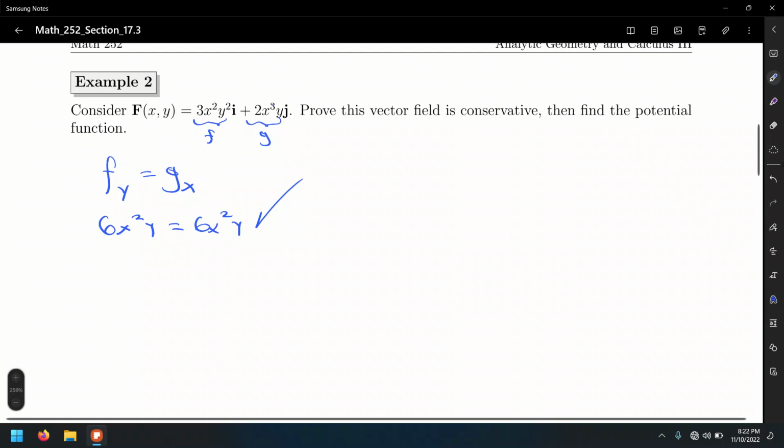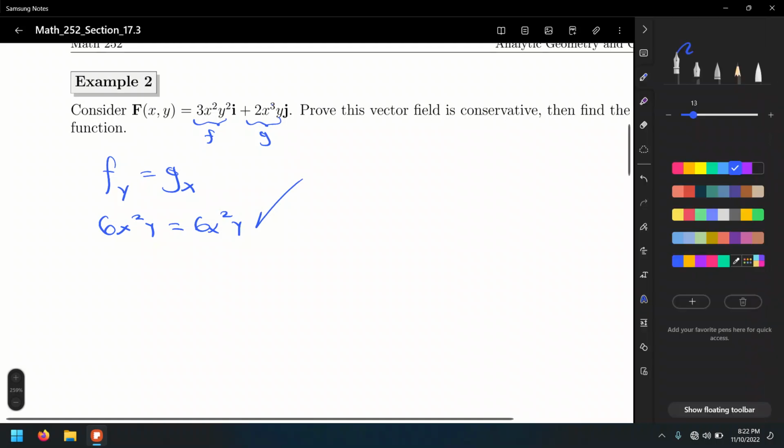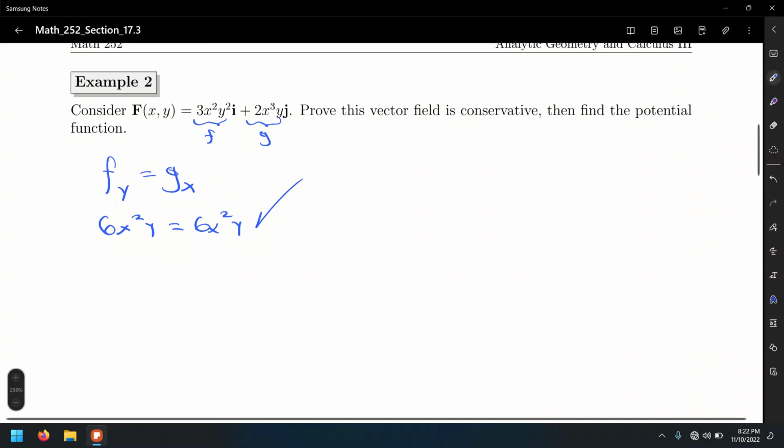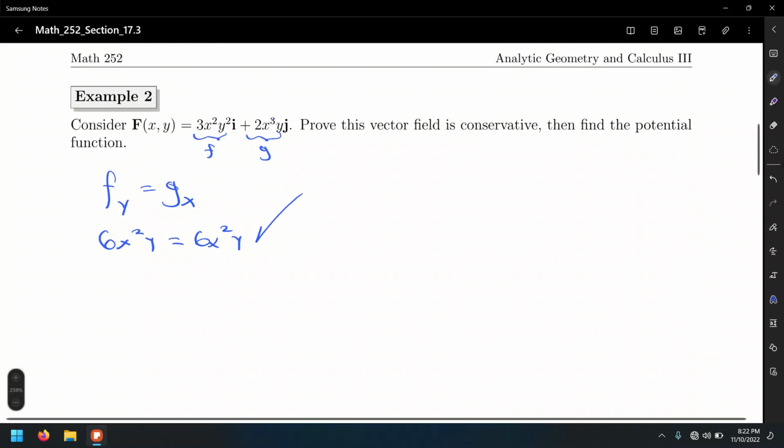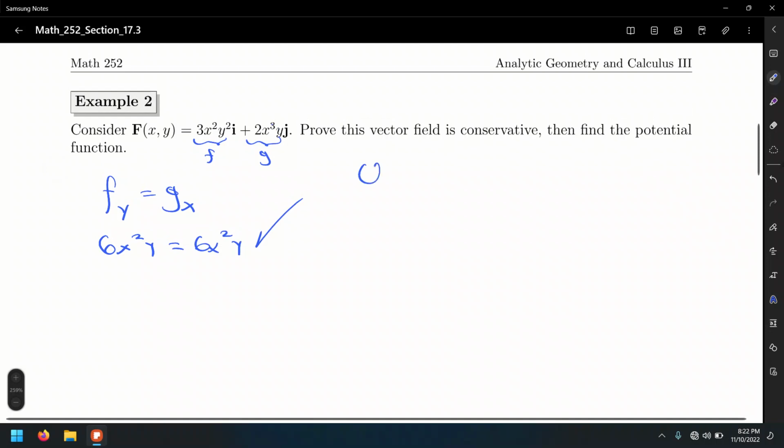And we will have to do, in this case, two partial integrations, because we are working in 2D, in R2 rather. We're going to denote phi of x, y, because that's the potential function, and that's going to be the integral of f dx.